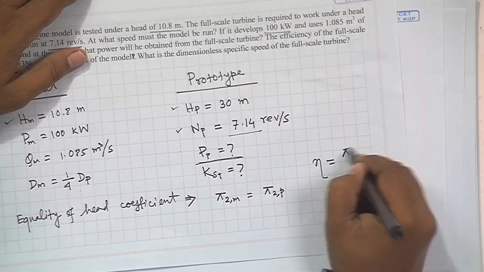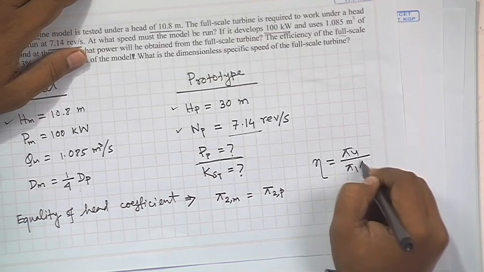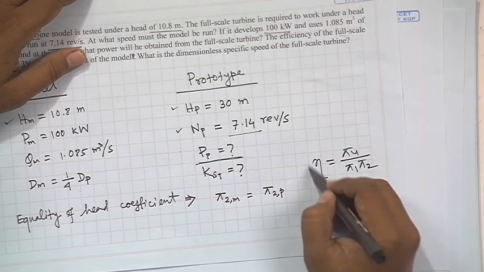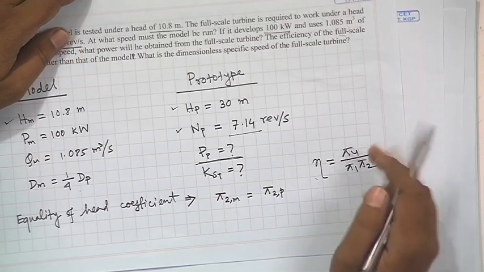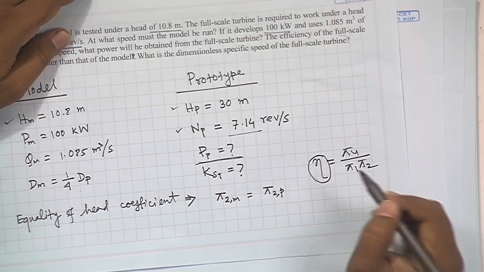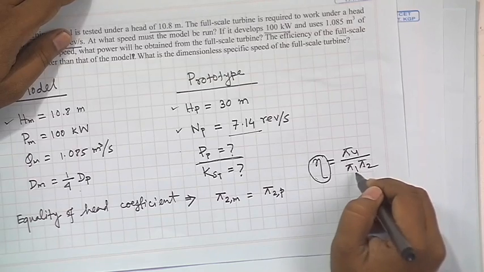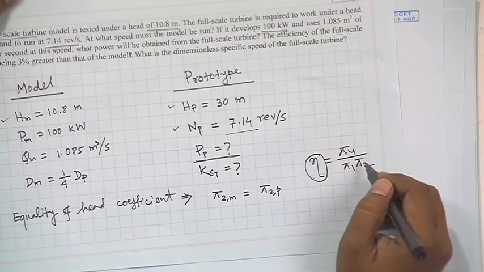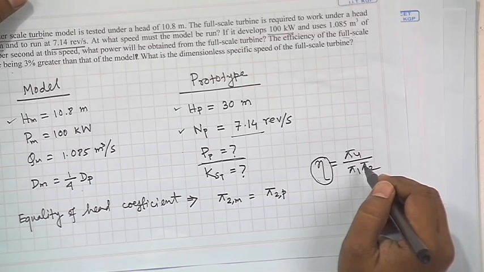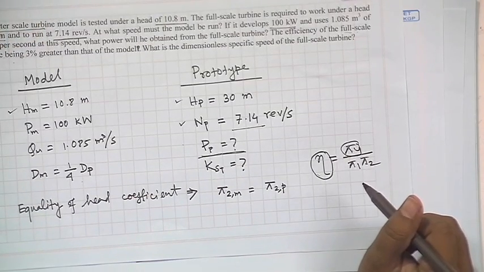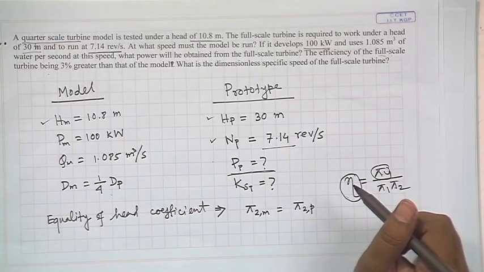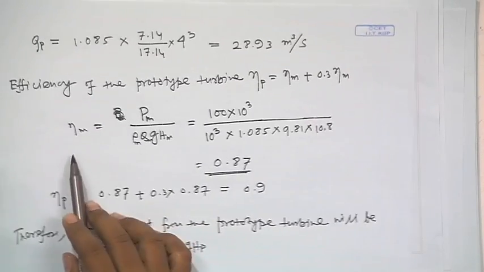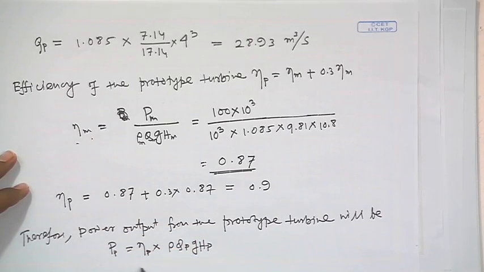So this is pi 4 by pi 1 pi 2. Equality of hydraulic efficiency means all the terms will be the same for model and prototype, but in this case the efficiencies of model and prototype are not equal, and we have previously used equality of pi 1 and pi 2 in terms of equality of discharge coefficient and head coefficient. So pi 4, which is the power coefficient, will not be the same for the model and prototype. That is why we have used the efficiency of the model turbine and then obtained the power in this way.